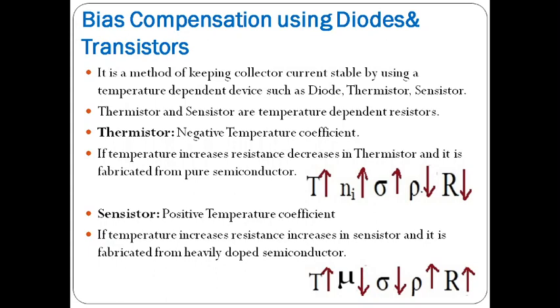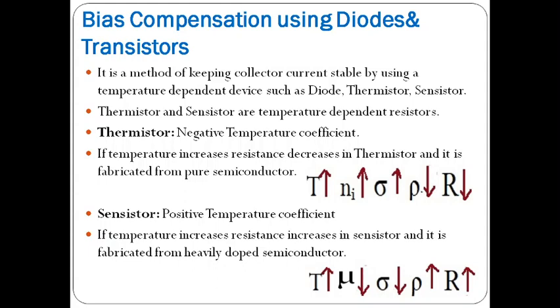Due to the higher temperature, the number of collisions increases in the heavily doped semiconductor, so mobility decreases. When mobility decreases, conductivity decreases, then resistivity increases and resistance increases. So when temperature increases, the resistance of the sensistor increases.